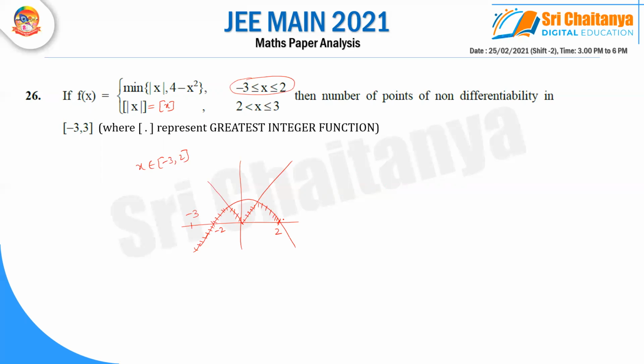And when you come to step of mod x from the interval 2 to 3, step of x will be considered as 2 only. So you can directly mark that. And here at x equal to 3, it will become discontinuous. This is again a very important point. So number of points of non-differentiability, if he is saying, I will say first point, second point, third point, fourth point, and fifth point. So the answer will be 5.